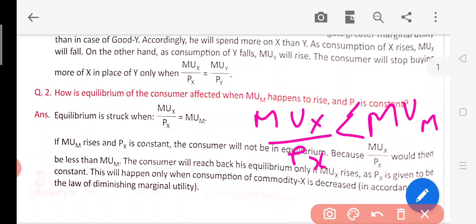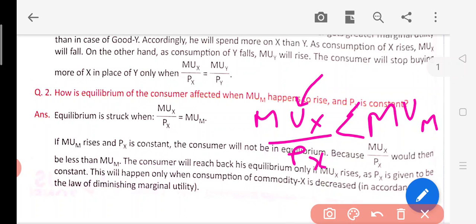So here the answer is that the consumer should spend less money on X good. So what will happen? The desire for this X commodity will increase. So the answer should be that the consumer should spend less money on X good.